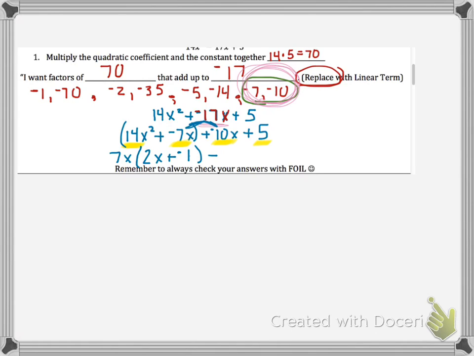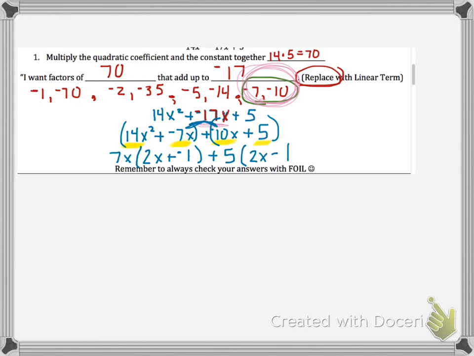And then plus, and then I'm grouping these two, and I can pull out a common factor of 5 times 2x minus 1. I think I missed a negative in there somewhere. Yes, I did. That's that trial and error process.